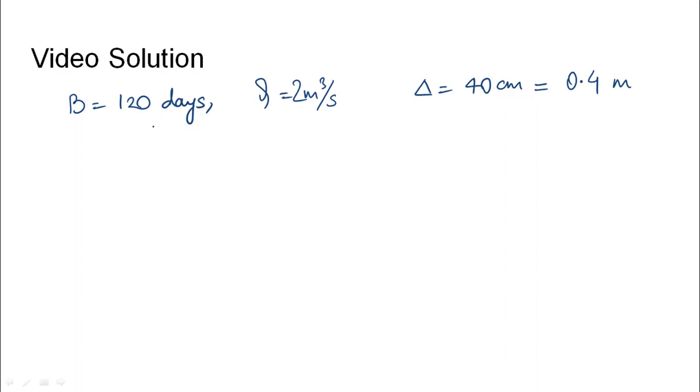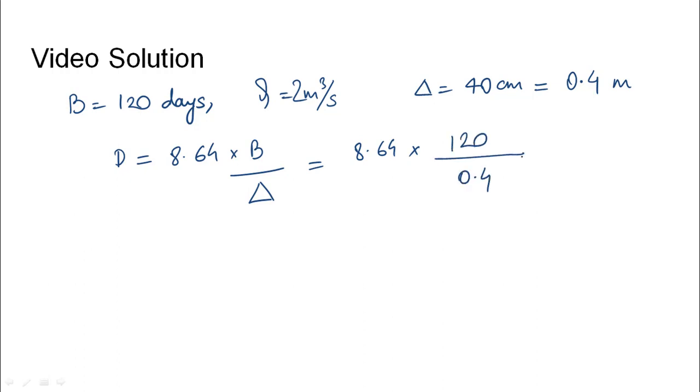As we saw the relation in the previous slide, D is 8.64 into base period by delta, which will be 8.64 times the base period, in this case 120, by delta, which is 0.4 in meters.